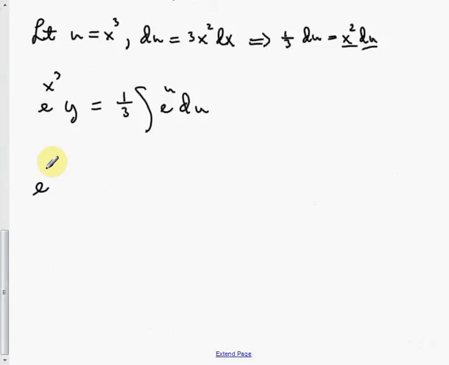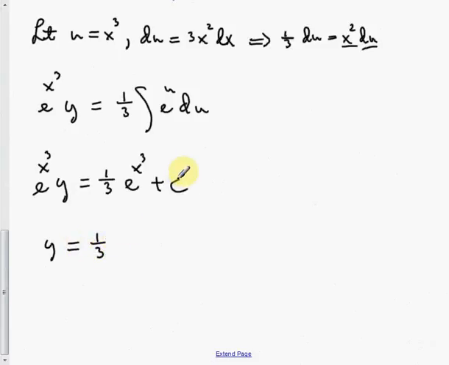So this is e to the x cubed times y is equal to 1/3 times e to the u. I can go ahead and just put that u back in there and write the answer, e to the x cubed plus some constant. Divide both sides by e to the x cubed, and so y is equal to 1/3.